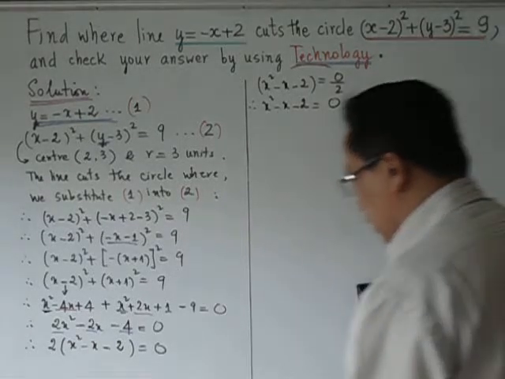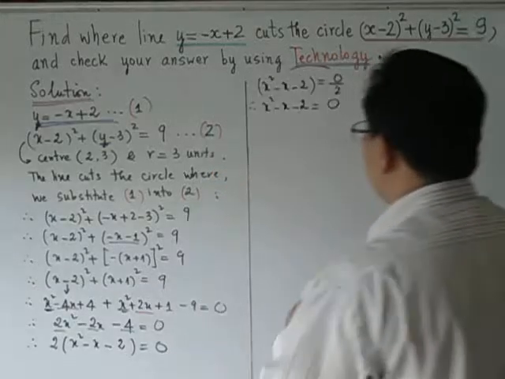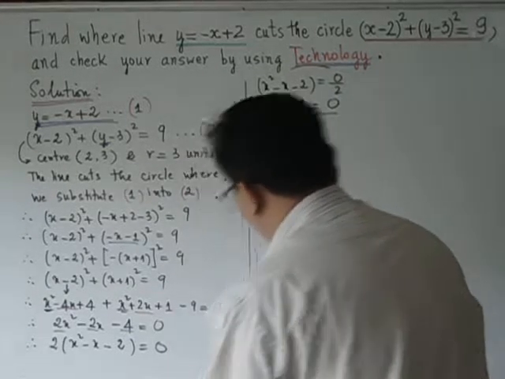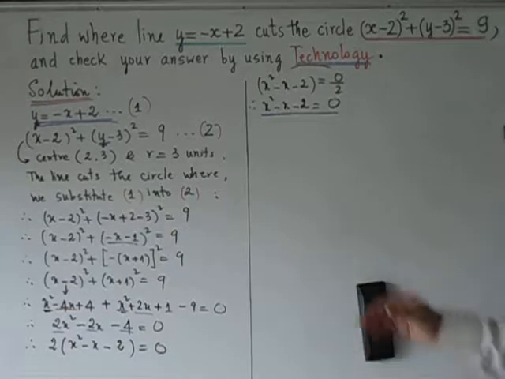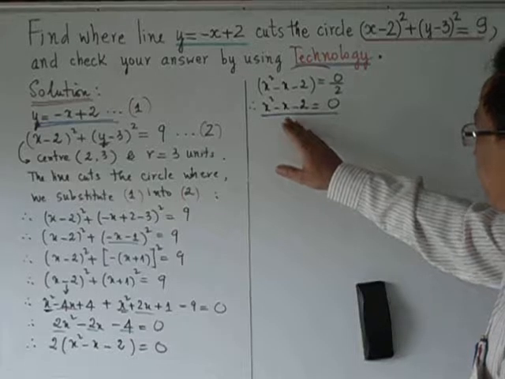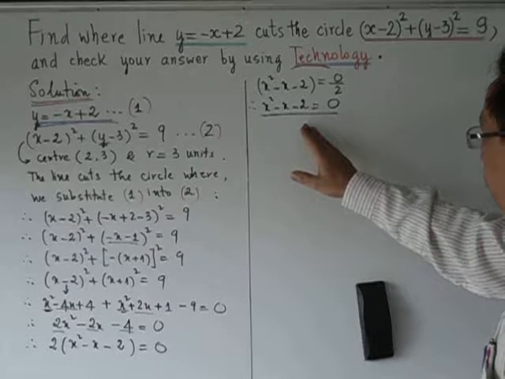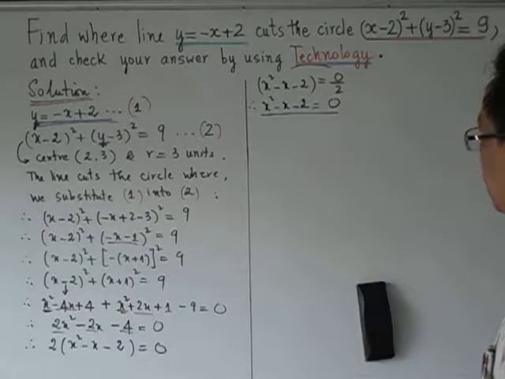So at this stage, we consider this quadratic equation and we consider what are the two numbers that give us the sum minus 1 and product minus 2. It means the coefficient of x and the constant.